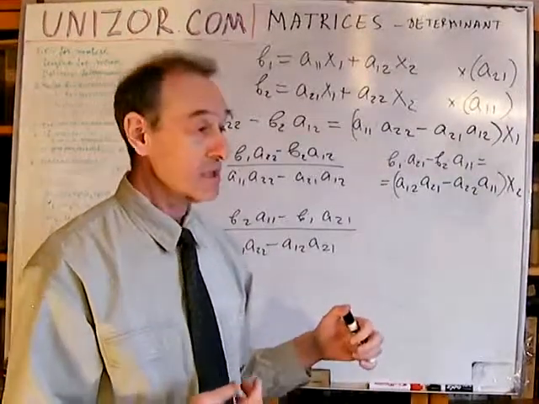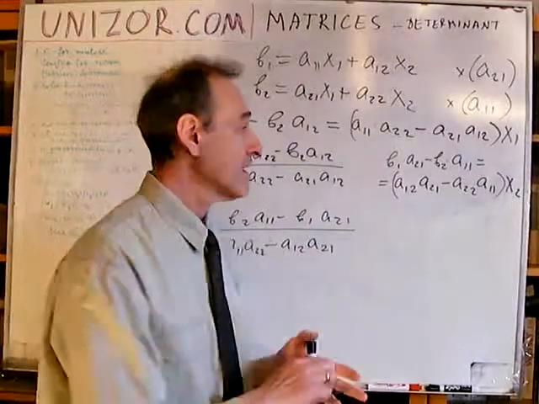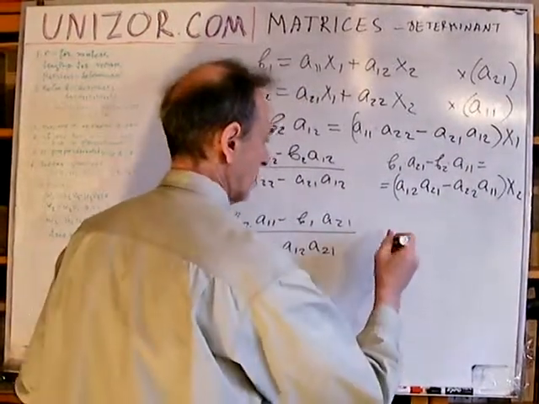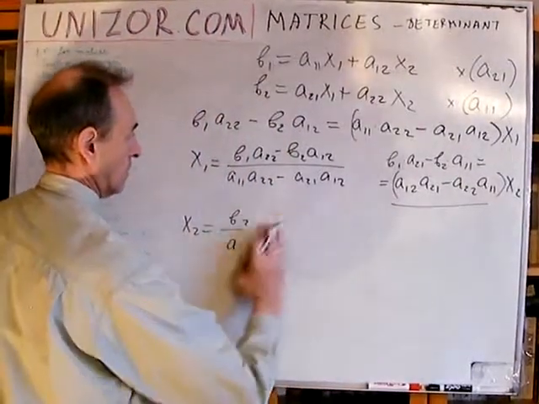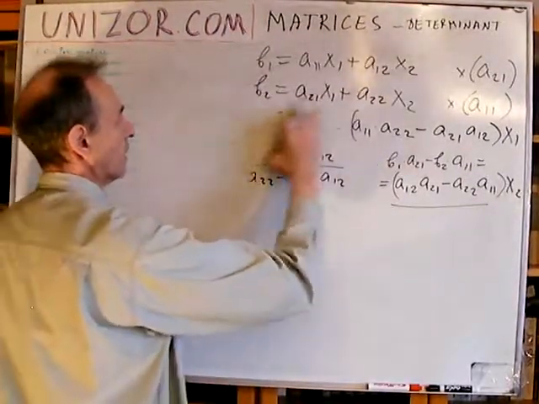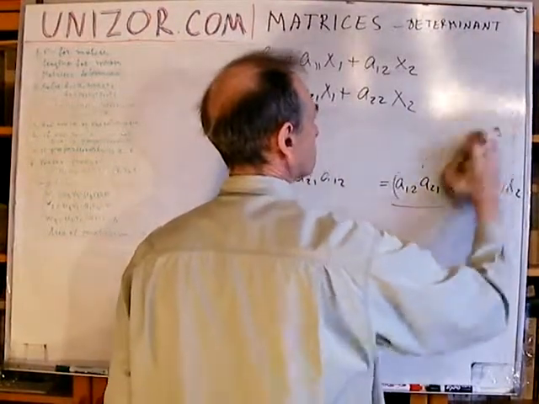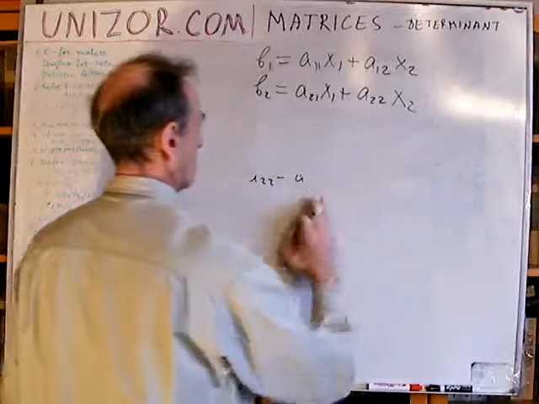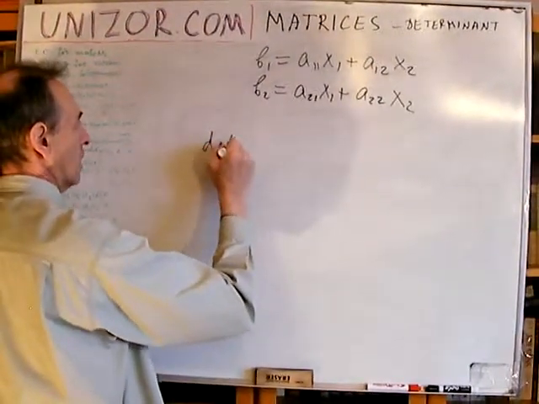Well, yes, it determines the quality of the matrix, and that's why it's called determinant. So this is the determinant by definition of this matrix, and here is how we will write it.